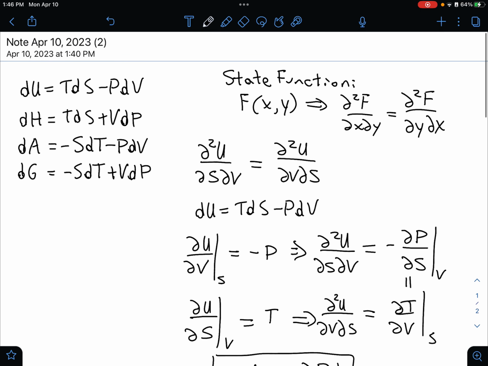Our third is going to come from the Helmholtz energy.